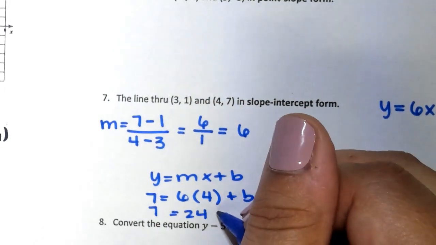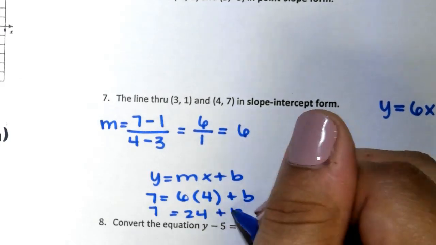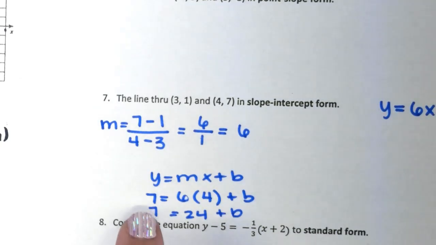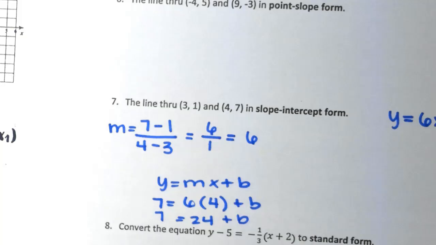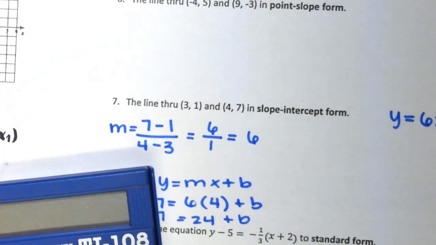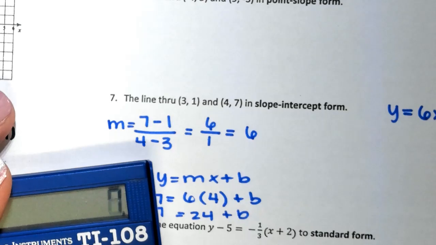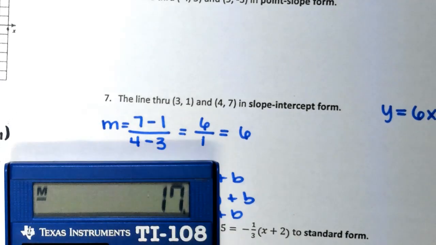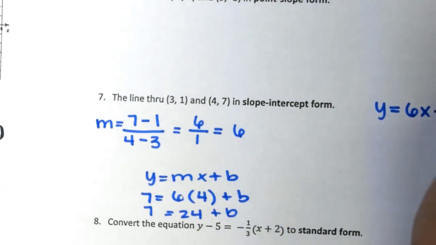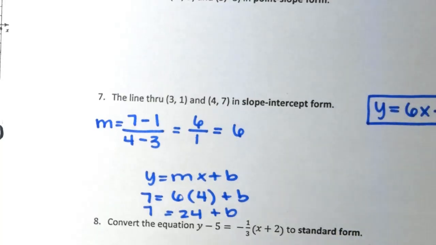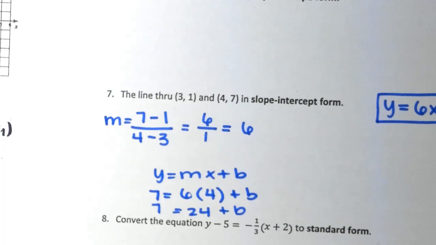Minus a lot. How do I figure out what it is? What's 7 minus 24? Negative 17. And if you're not sure, you do have a baby calculator. So this is your equation. Okay?